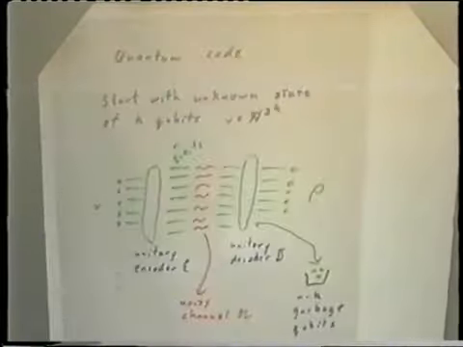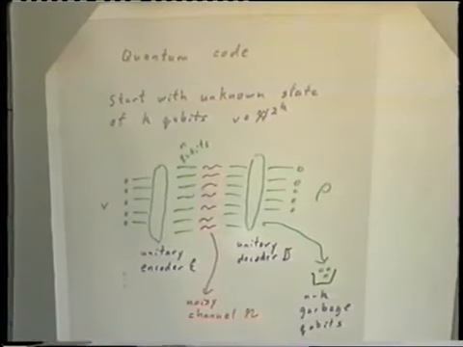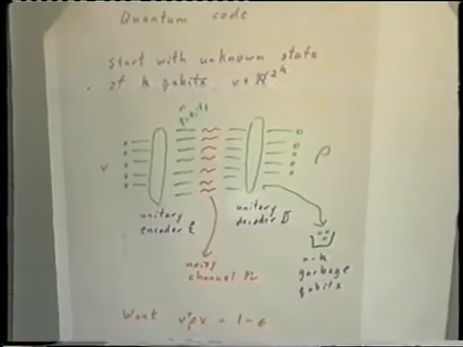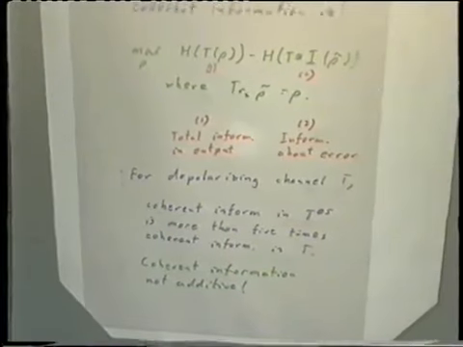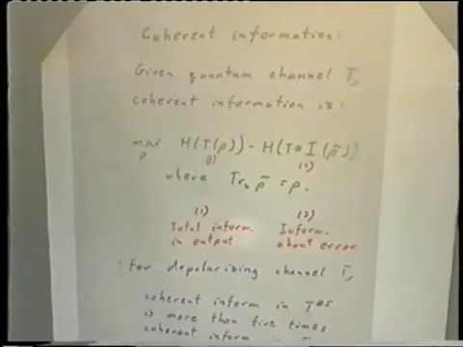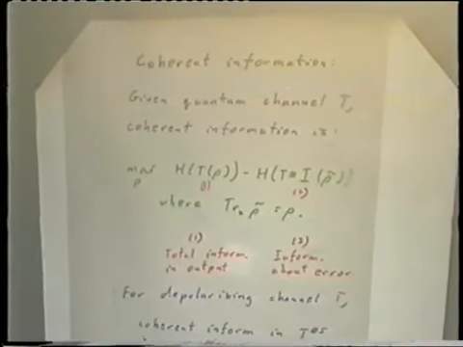You can ask, well, given a noisy channel, how much quantum information can we put through it? And it turns out that there's a lot of noisy channels where you can't get any quantum information through. But here is probably a good guess as to what the capacity of a noisy quantum channel is.